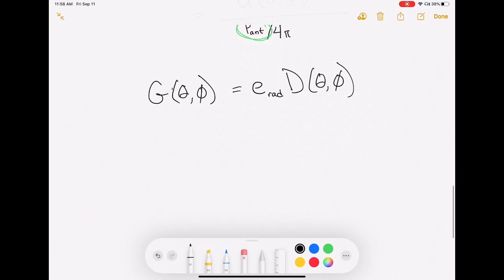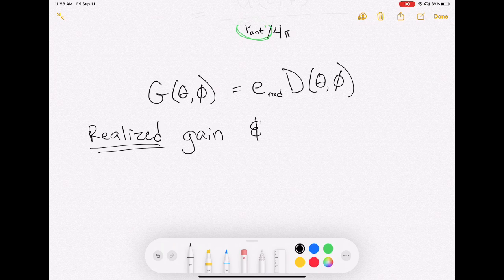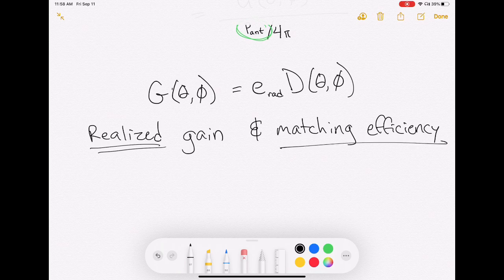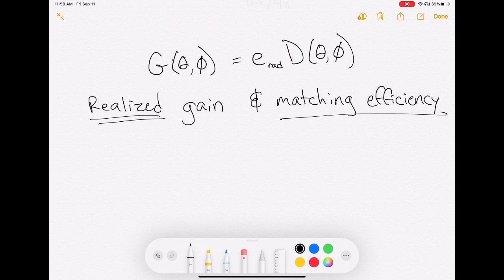Now, there is yet another type of antenna metric that we need to talk about, and that is realized gain. And we're going to talk about another efficiency too, matching efficiency. So going back to the circuit, if there's a transmission line in this circuit, and actually this is true even if there's not, but the transmission line is a really easy way to visualize it.